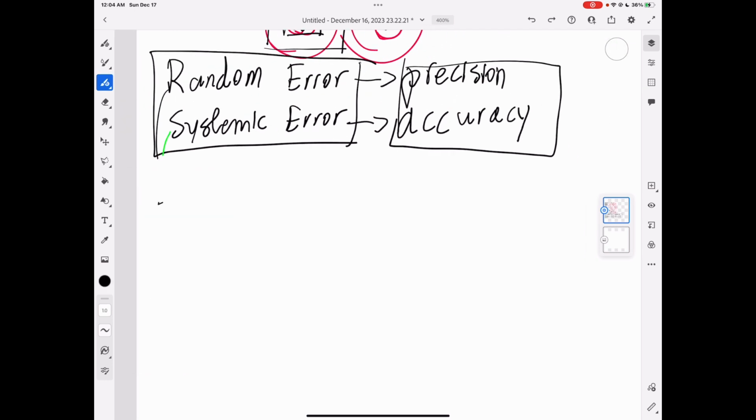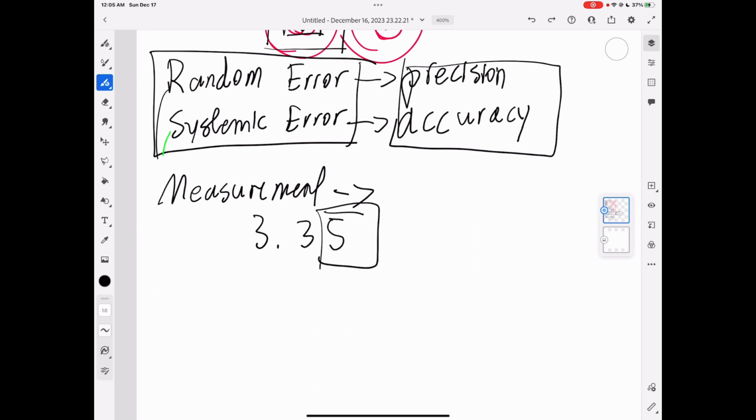So let's now talk about measurement. So in science, we frequently use significant digits. Basically, this is a number where this digit is uncertain.